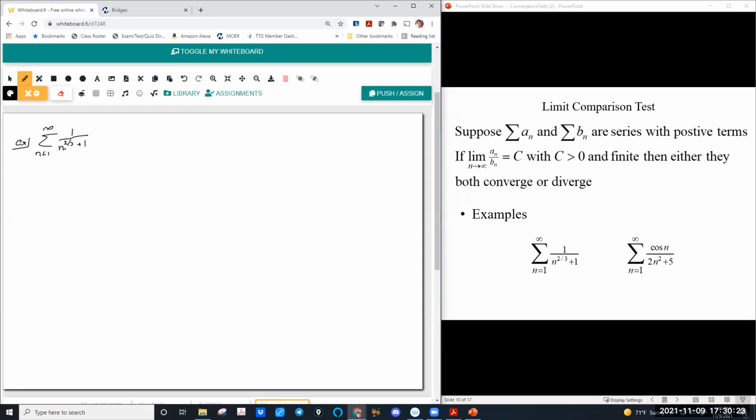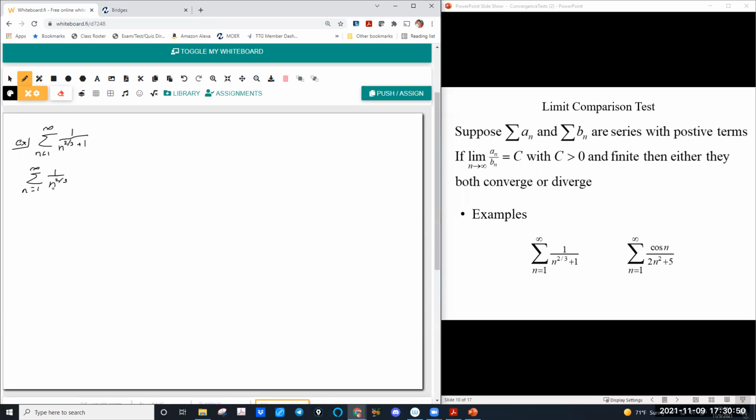Now, we want to compare it to something similar. So you want to make sure that you choose something that is similar in nature, and what you look at are the lead terms of the numerator and denominator. So the series we want to compare it to would be the sum from n equals 1 to infinity of 1 over n to the 2/3.